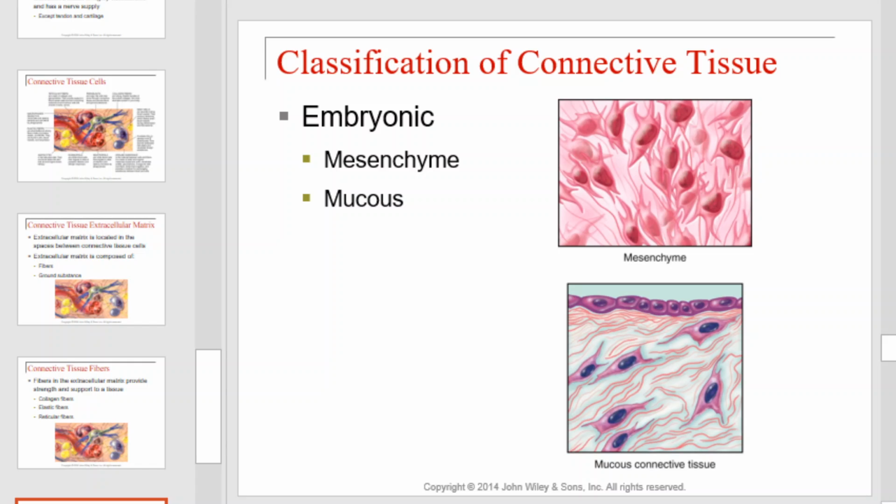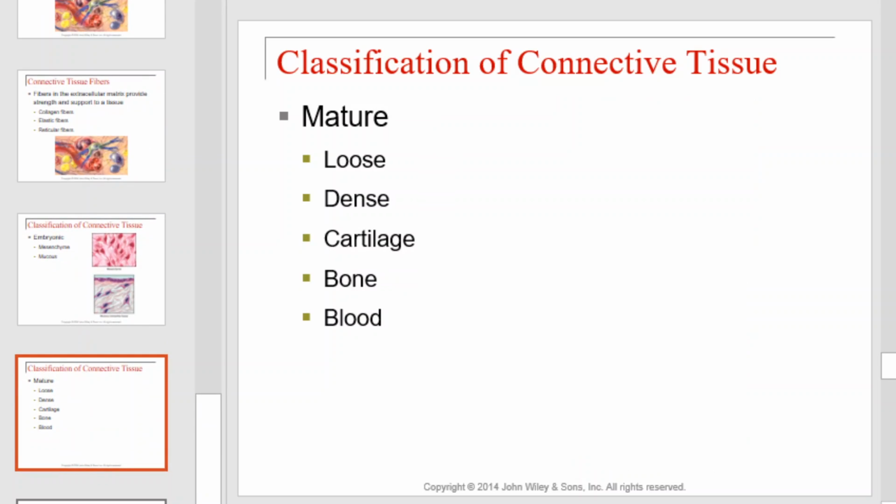This slide provides a simple graphic representation of embryonic mesenchyme and mucus, both of which are considered connective tissue. Mature connective tissue can be categorized as loose, dense, cartilage, bone, and even blood.